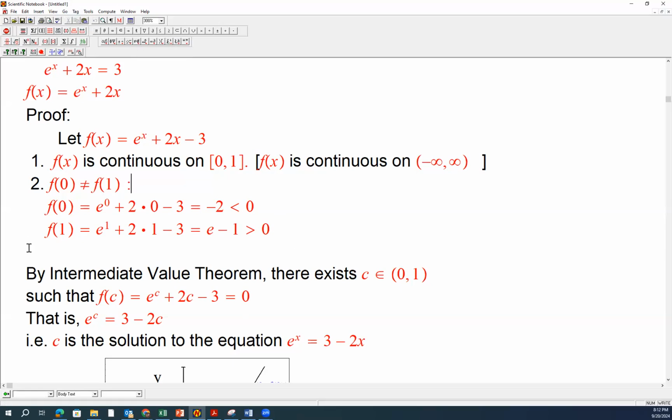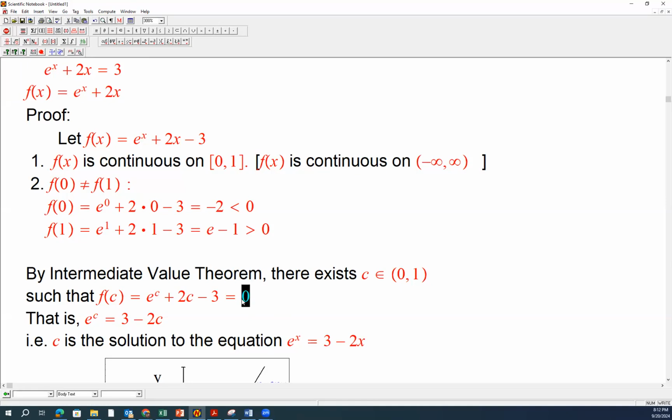Then by the intermediate value theorem, between these two numbers, between negative 2 and positive e minus 1, there's a 0. So I basically have chosen capital N equals 0.